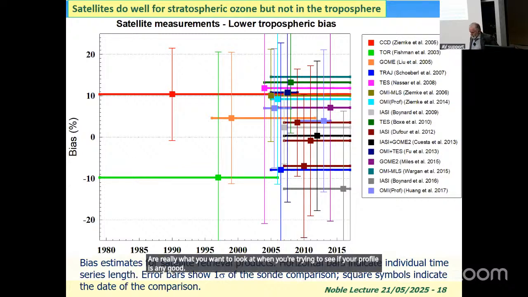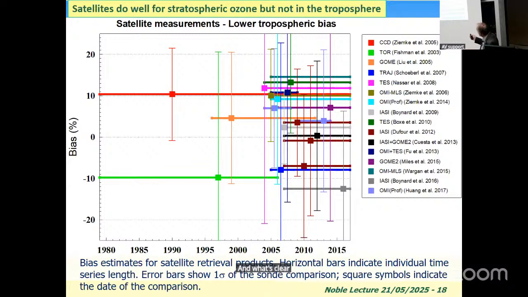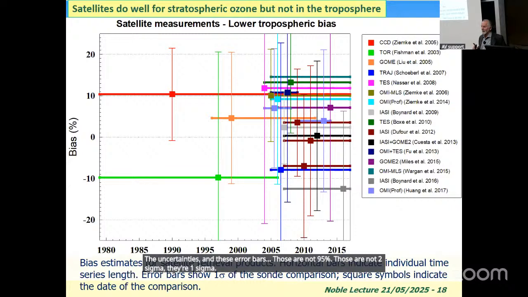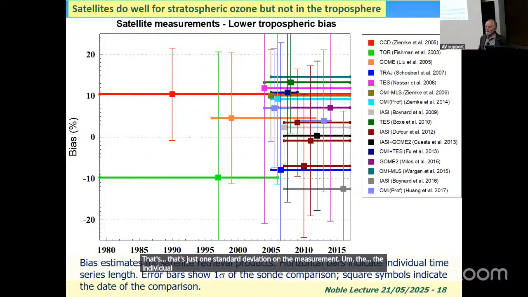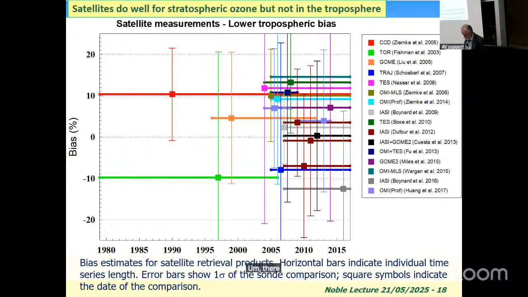And what's clear from this is that while the biases have gotten better, especially in recent decades, the uncertainties, and these error bars, those are not 95%. Those are not 2 sigma. They're 1 sigma. Okay, that's just one standard deviation on the measurement. So the individual errors are pretty horrible. So there's a lot of uncertainty there.